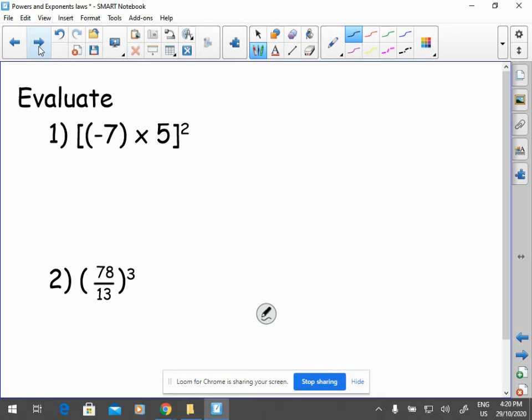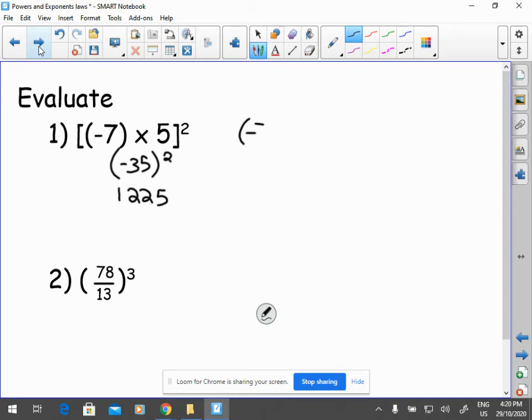So method 1, solve what's in the parentheses first. Negative 7 times 5 is negative 35, and negative 35 squared is giving me 1,225. Or I'm using my laws.